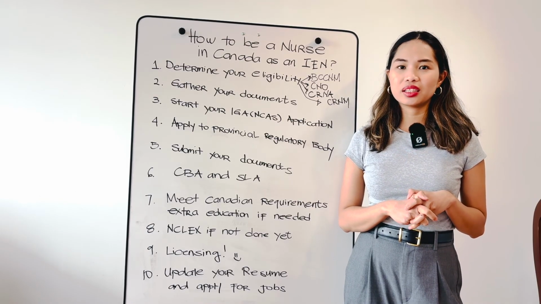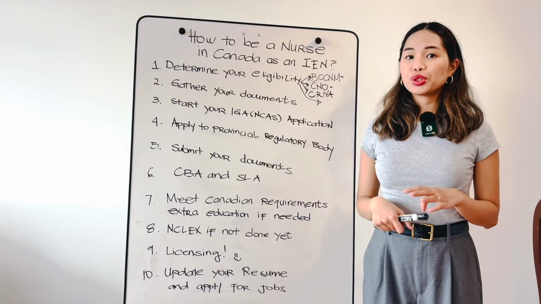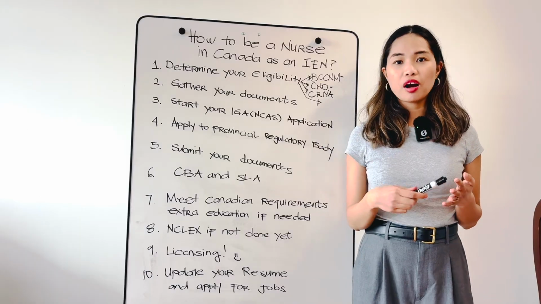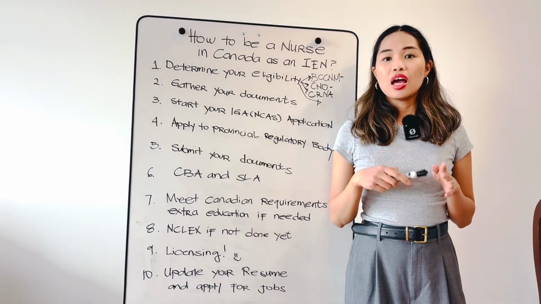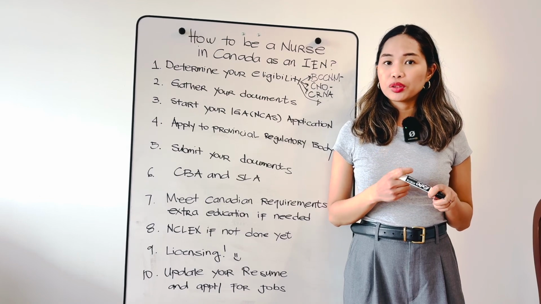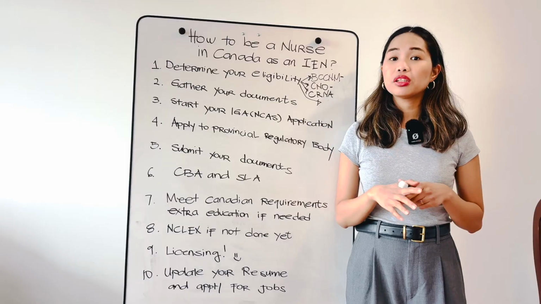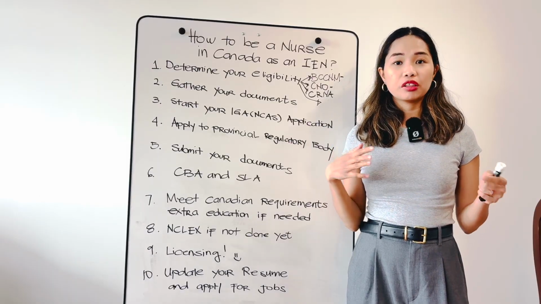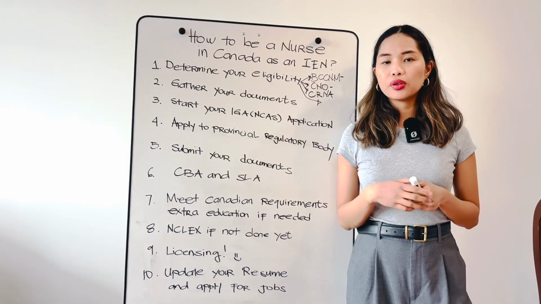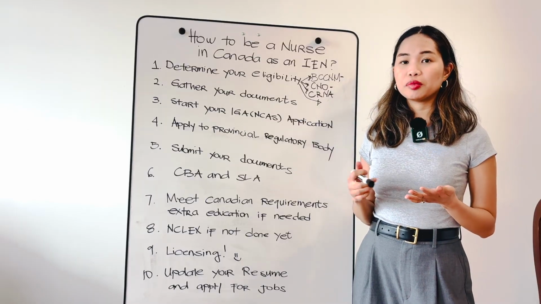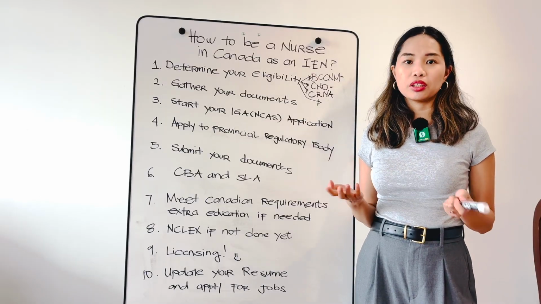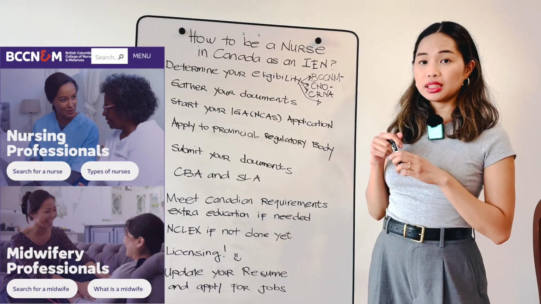So let's get started. The first step I would suggest you to do is figure out which province you're going to apply to. Because depending on the province you're going to apply to, that will determine your eligibility. And it will be different requirements for different provinces. So for example, you want to apply to British Columbia. I'm here in Vancouver. So if you want to apply to Vancouver, it would be BCCNM.